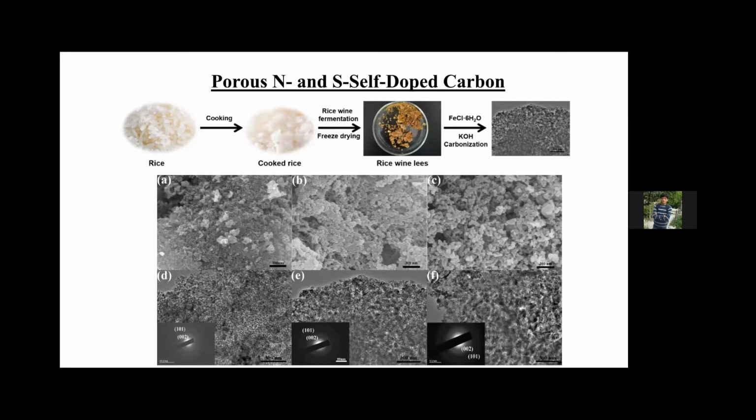After making the rice wine and freeze drying, they get rice wine particles, and after that they use activation and carbonization, and as a result they get nitrogen and sulfur doped graphene.